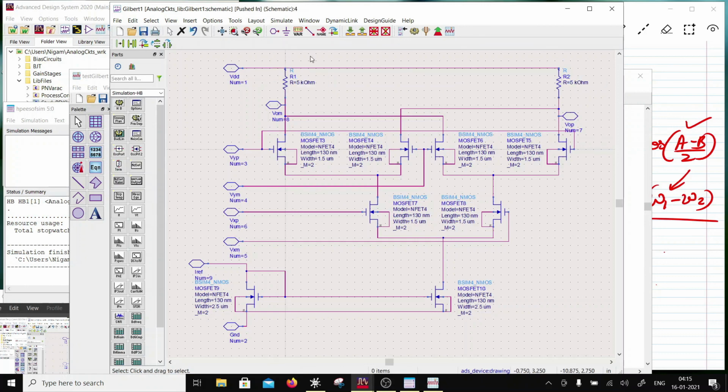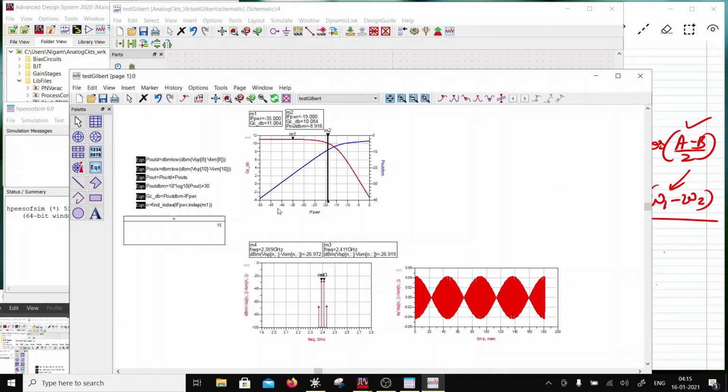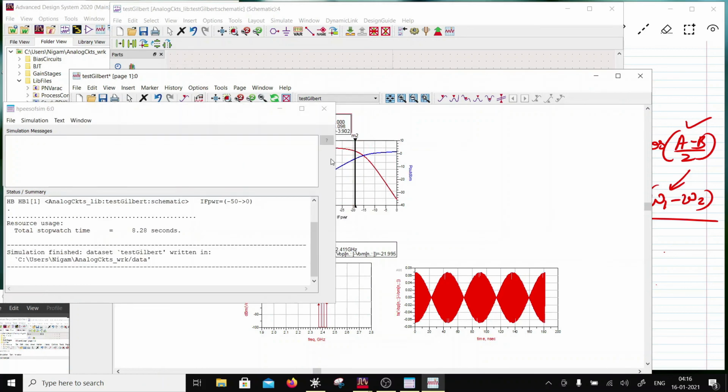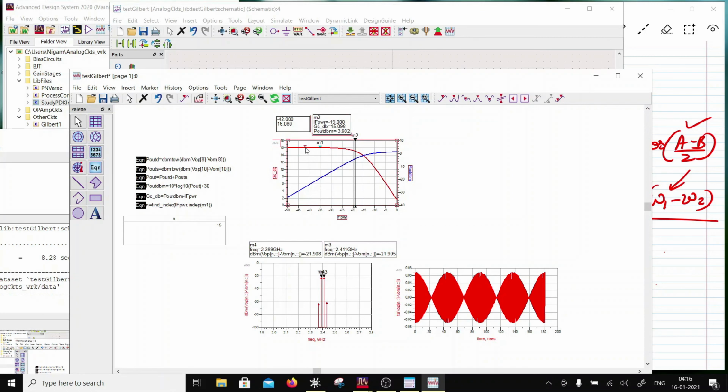So let's see what happens to conversion gain. Simulate it. So conversion gain is 11. Notice that. Now what will happen to the conversion gain? Okay, let's see. Now the conversion gain is 16, right? So basically it scales with RD, isn't it? It scales with RD. Okay.